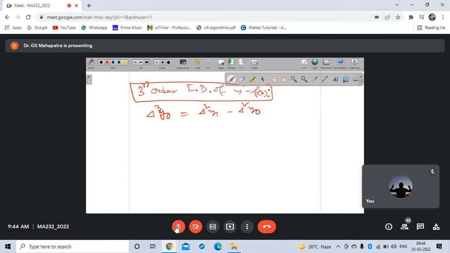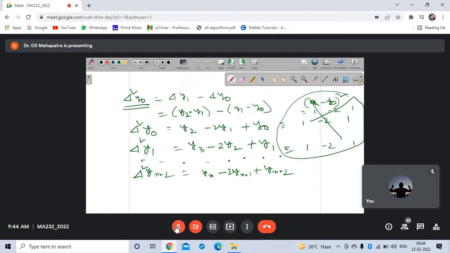Previous one I will go back. So the difference between these two consecutive ones is the difference of third order. So now we will go back. Fine.